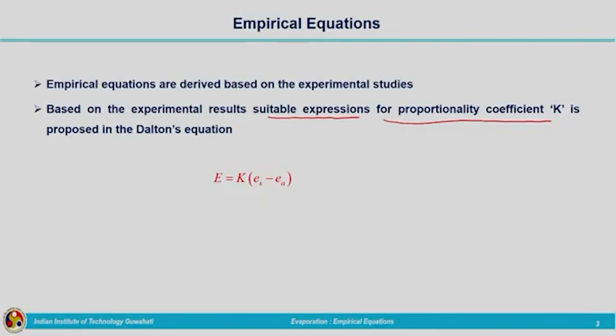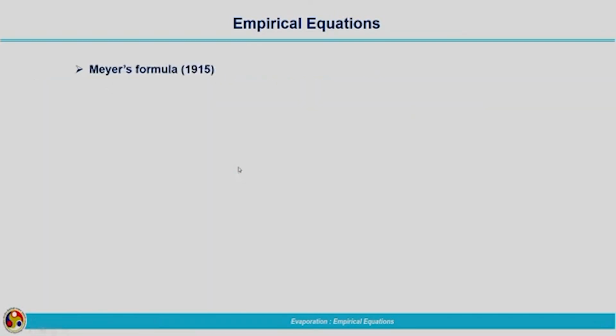Based on the experimental studies, suitable coefficients have been proposed by different researchers, thus forming the empirical equations. So, this is our Dalton's law of evaporation. The factor K, or the expression for K, is developed based on the experimental results.